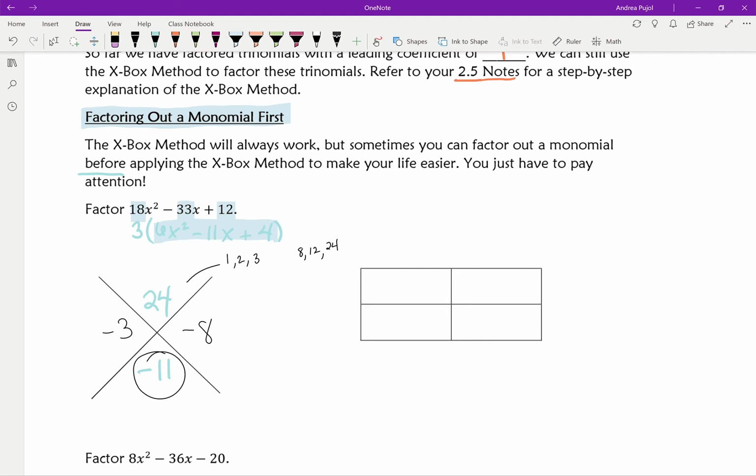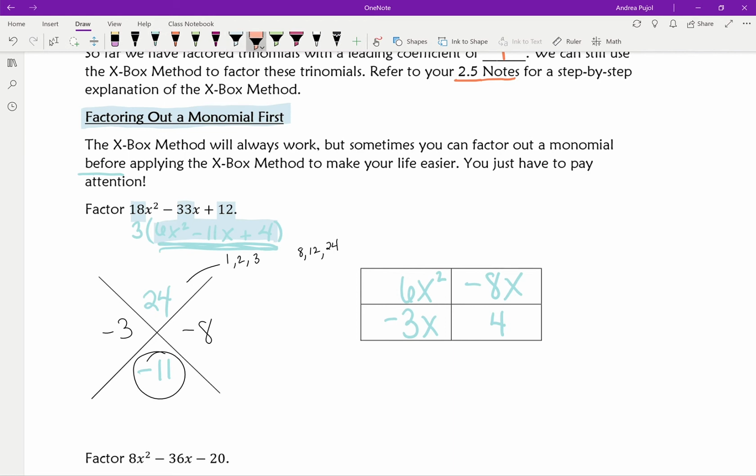So I'm going to put in my boxes, in the top left, ax squared. You don't need to use the original. You're just going to use what you're factoring now, which is 6x squared, the one that's highlighted here. So we have 6x squared in the top left, 4 in the bottom right, and then I'm going to split my negative 3x and negative 8x, which were the factors I came up with.